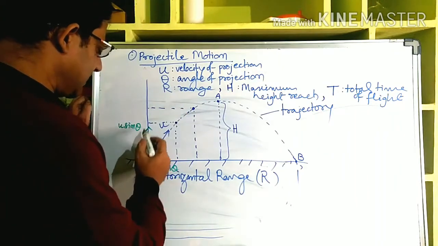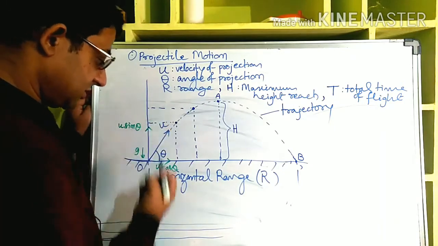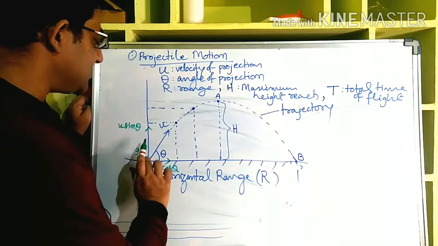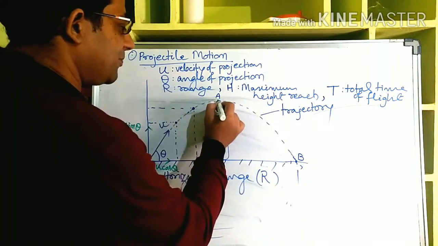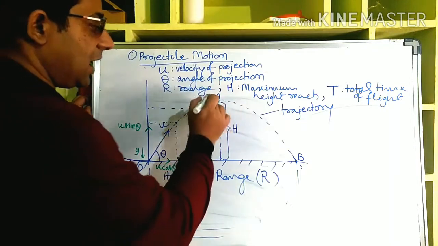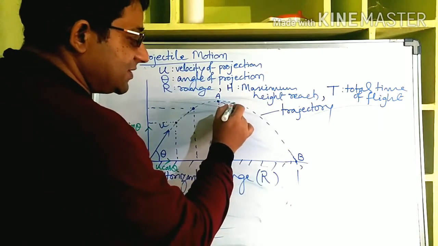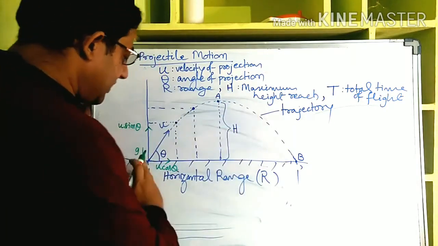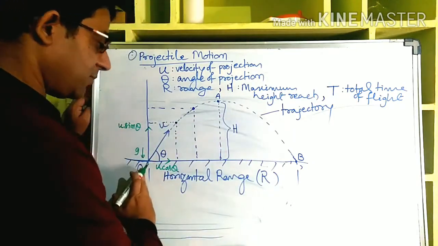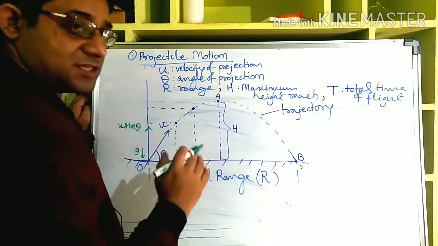So because of the downward gravitation, u sin theta gradually decreases. Finally, a point comes where the vertical component of the velocity becomes 0. After that, again it increases but in the opposite direction. So the vertical component of the velocity is always changing throughout from O till it reaches B.